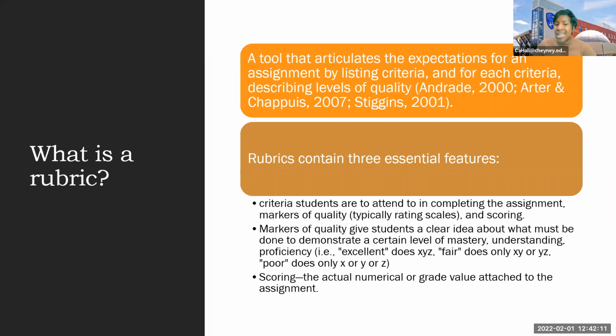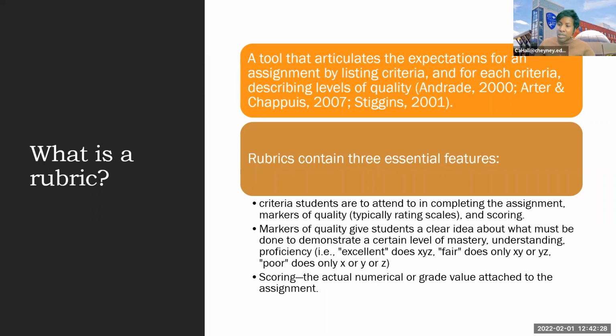So first question, what is a rubric? Many of you already know that a rubric is basically a tool that helps us show what our expectations are for our students on specific assignments, or as a department or as a class.